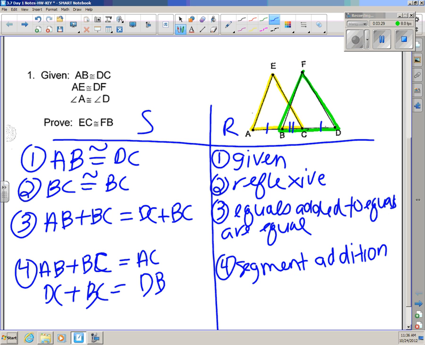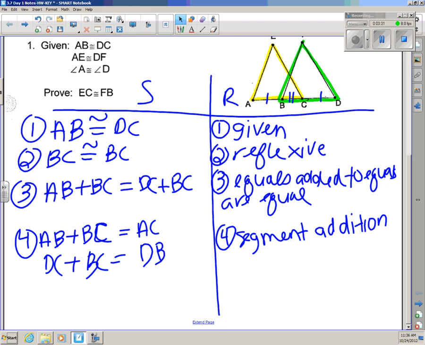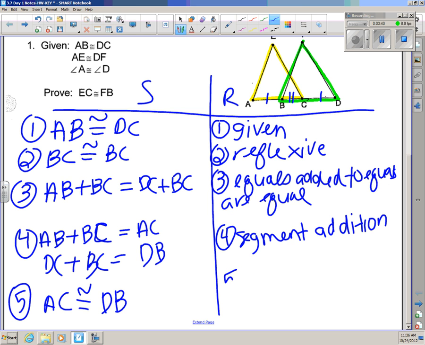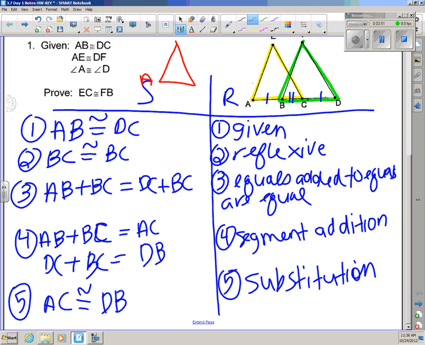Well, now and only now can I use substitution, and I can say then from 3 and 4, I know that AC must be congruent to DB by substitution. So if I were to redraw these triangles, if this is yellow and this is A, E, C, and then this is green, which is B, D, F. That's an F up there. So if I redrew that, then now I finally know that this guy is congruent to this guy.